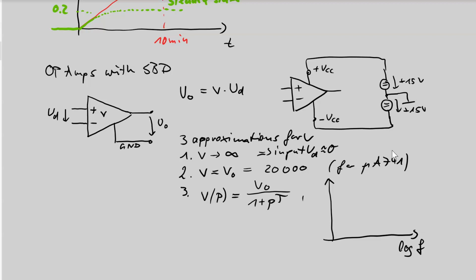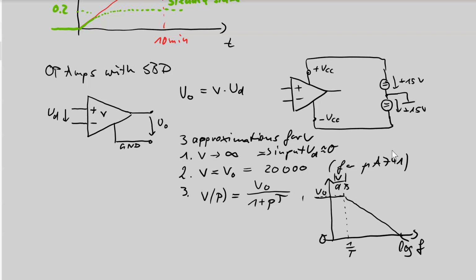If we look into the Bode plot of this V, with the V magnitude expressed in dB, then for low frequencies we have V0 in dB, then there is a corner frequency at 1/T, and then we have a gradient down to 0 dB.